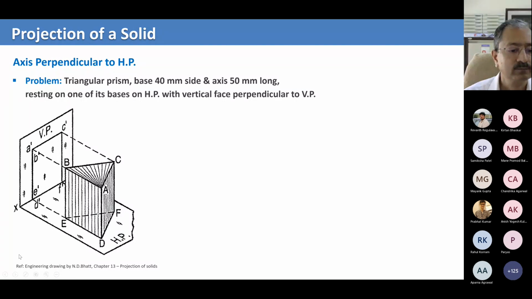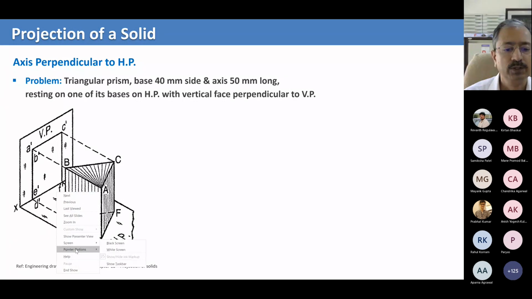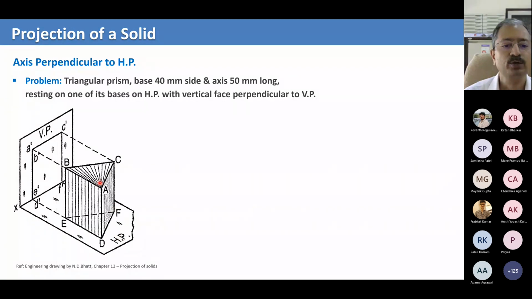I hope you can see that A is in the corner in front of you. So just apply your mind a little bit. This is an easy example because let's say the face ABED is perpendicular to both the orthographic planes.